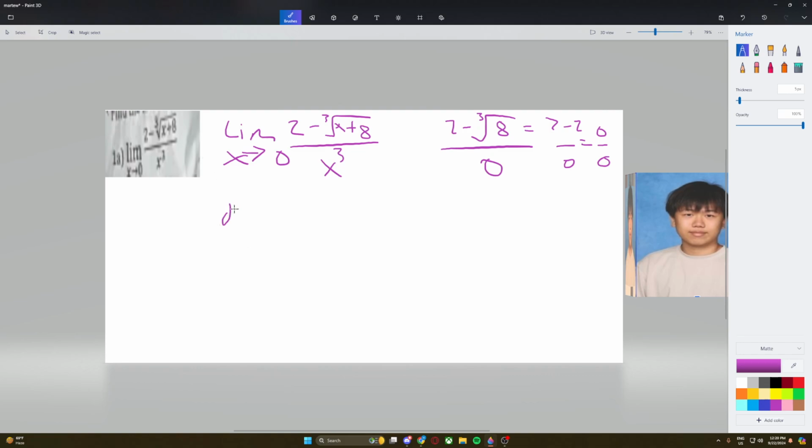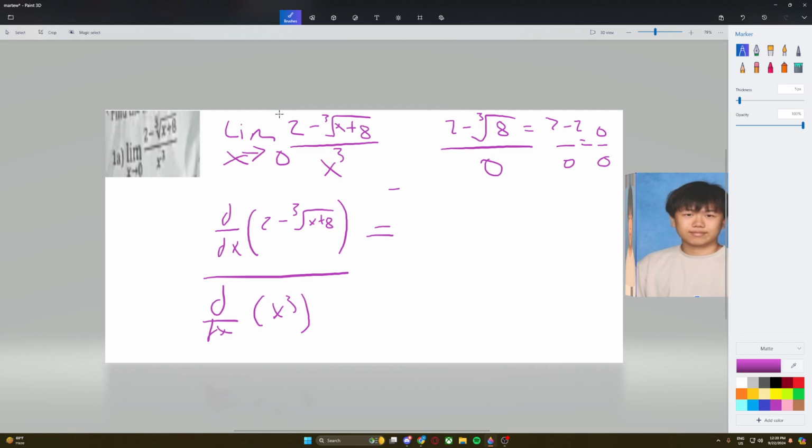So you do d over dx of 2 minus cube root of x plus 8, over d over dx of x cubed, which is equal to the derivative of a constant is 0, and then we have to find the derivative of negative cube root of x plus 8.